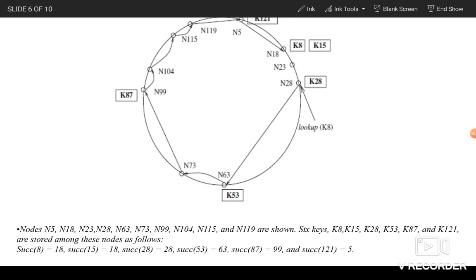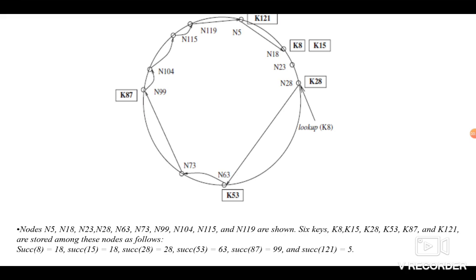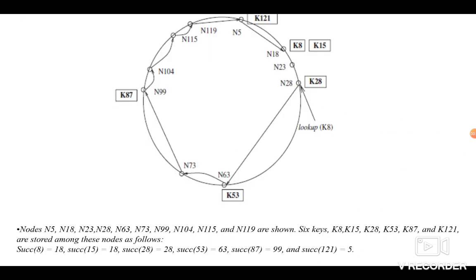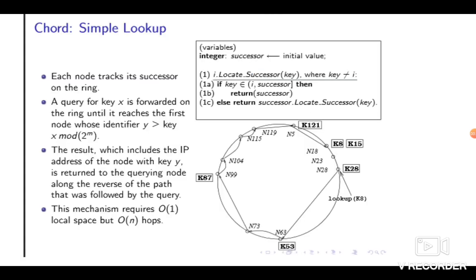The successor of 8 cannot be node 5, because the condition is that the node's identifier must be greater than or equal to the key value. So we cannot map key 8 to node 5. Obviously the successor of 8 is 18. Similarly, the successor of 15 is also 18. The successor of 28 is 28. Like that you can find the successor.